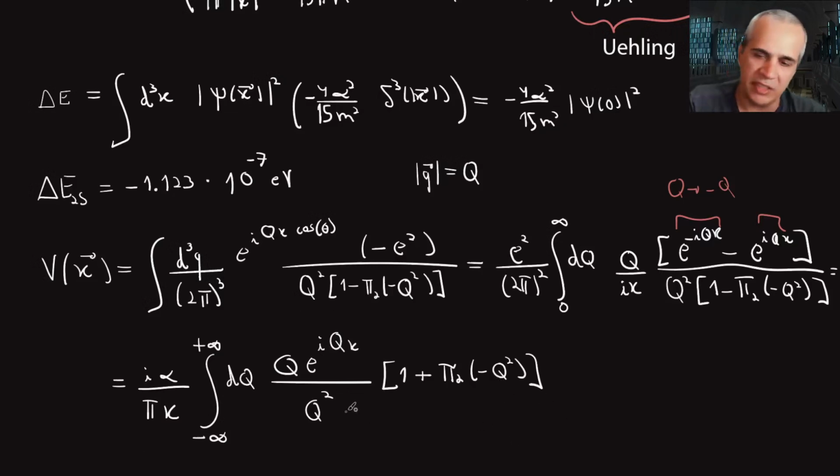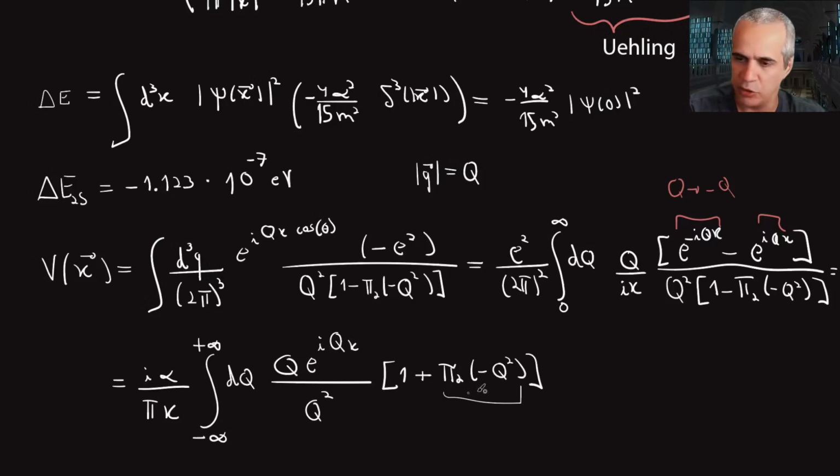Now, to do this integral, there's a pole here, clearly. And I also know that depending on the value for this big Q squared, this guy will also develop a branch cut, starting at 4 m squared.